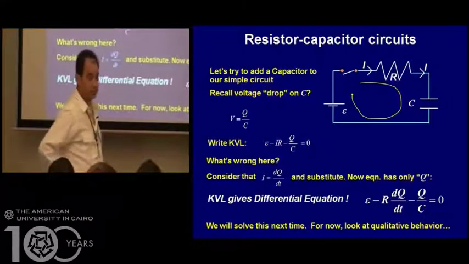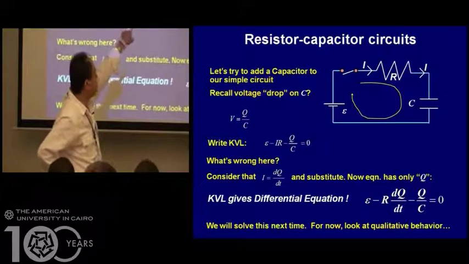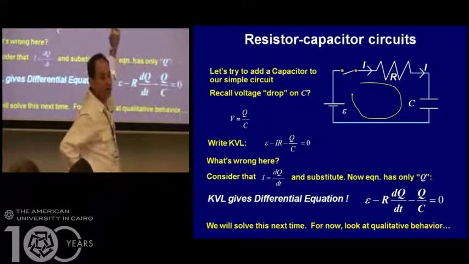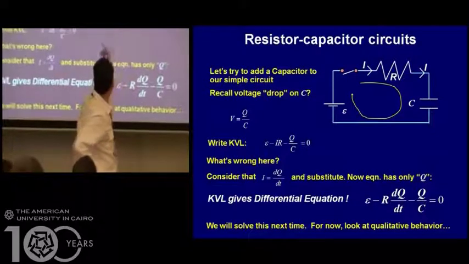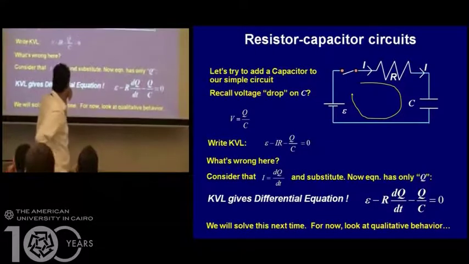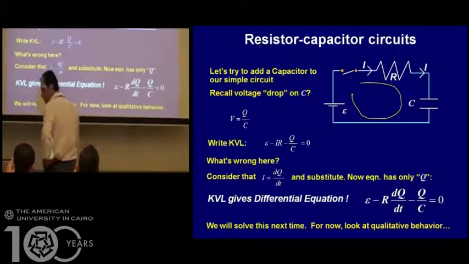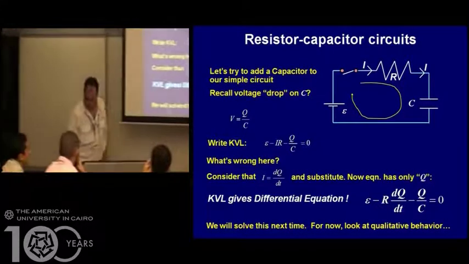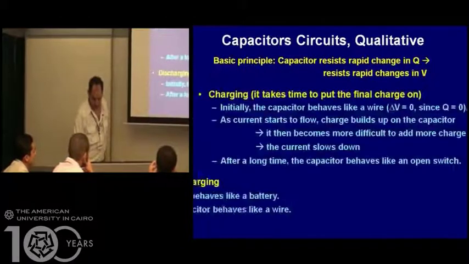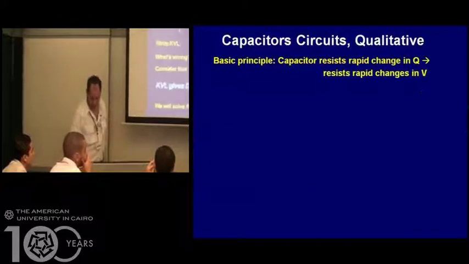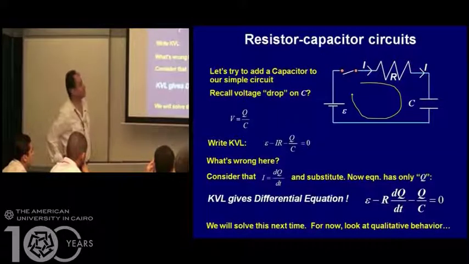So this is a resistor connected to a capacitor. Guys, this is a resistor, Omar, a resistor connected to a capacitor. What happens in that circuit? I'm going to assume that the switch is open.